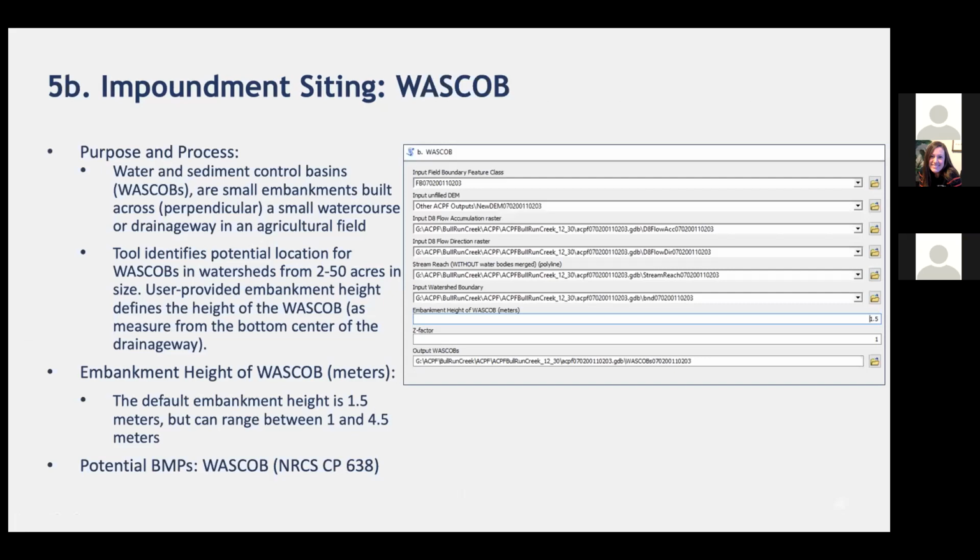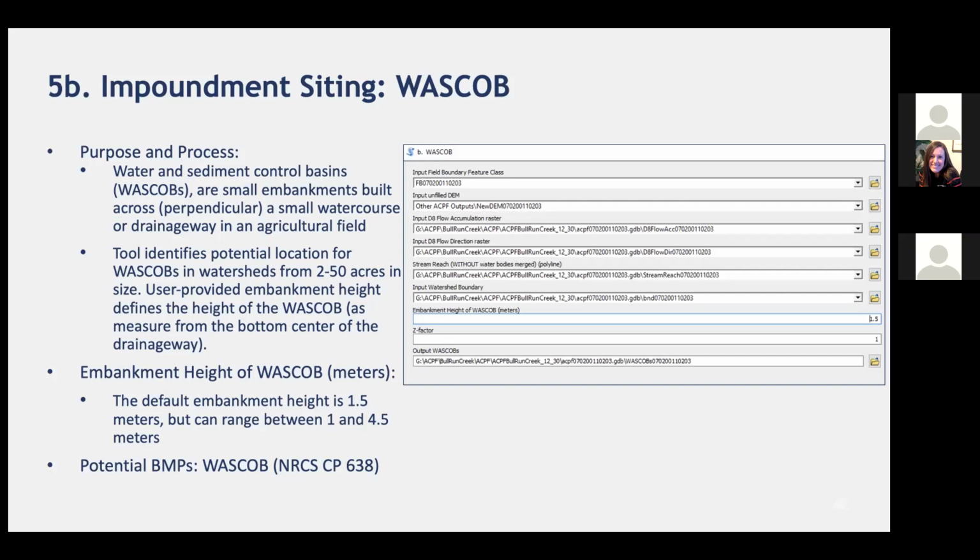So the next tool I want to talk about with respect to impoundments are WASCOBs, or water and sediment control basins. These are small embankments that are built perpendicular to a small watercourse, drainage way, or flow path in a particular agricultural field. So this tool identifies potential locations for those small embankments in watersheds from 2 to 50 acres in size.